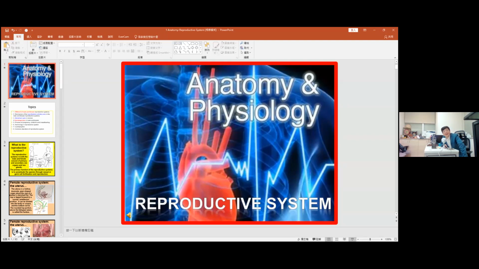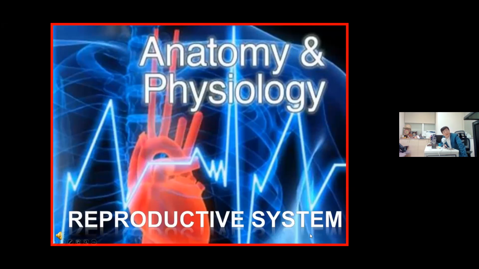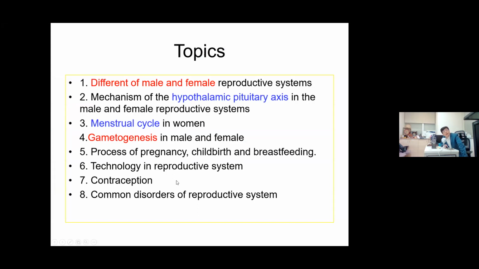Today our focus is the reproductive system. We will talk a little bit about the male and the female reproductive system. Then we will mention the mechanism of the hypothalamus, pituitary, and ovary axis.